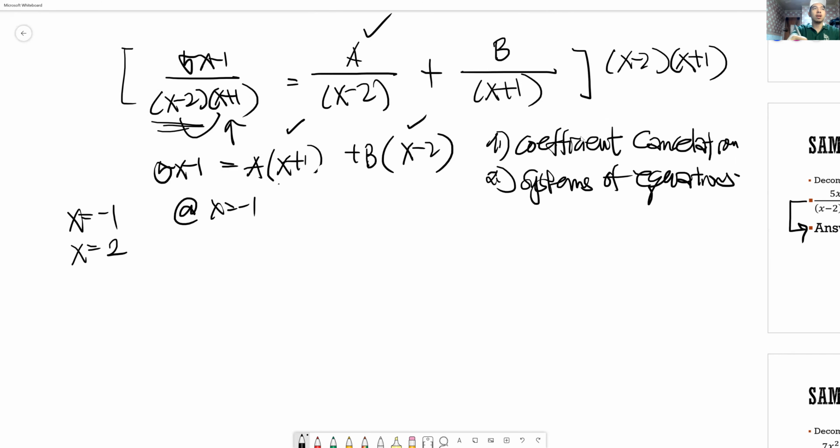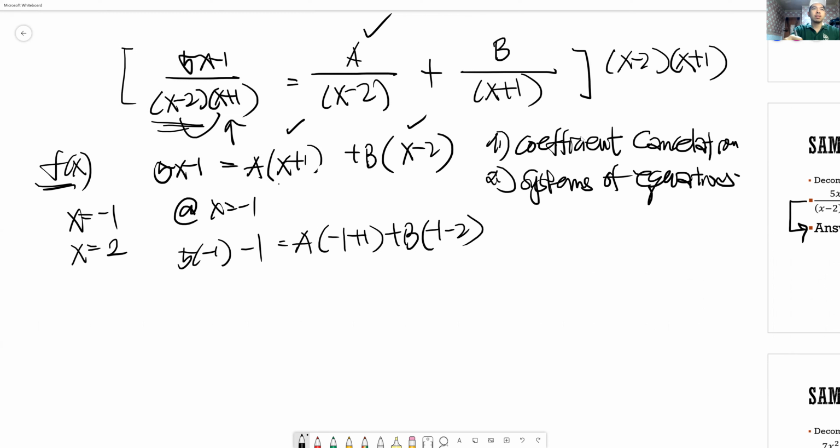Okay, so we substitute. So evaluate the function of x. So therefore, we have here 5 times -1 minus 1 is equal to A(-1 plus 1) plus B(-1 minus 2). -1 and 1 will be cancelled out, so this becomes 0, so we can neglect that.